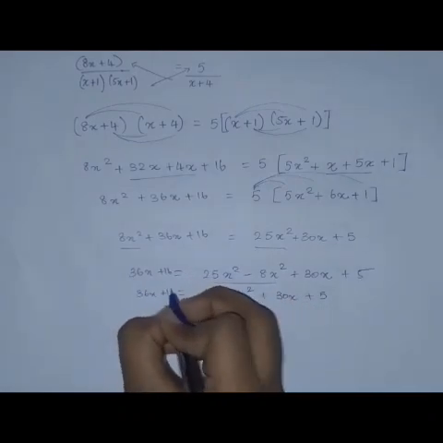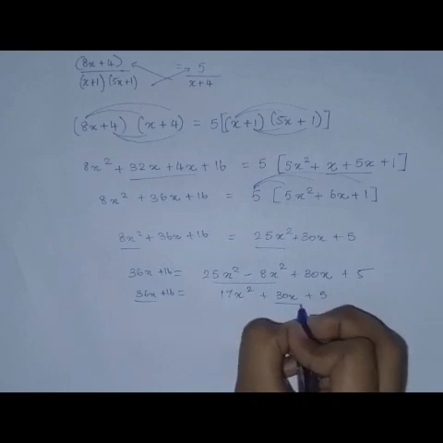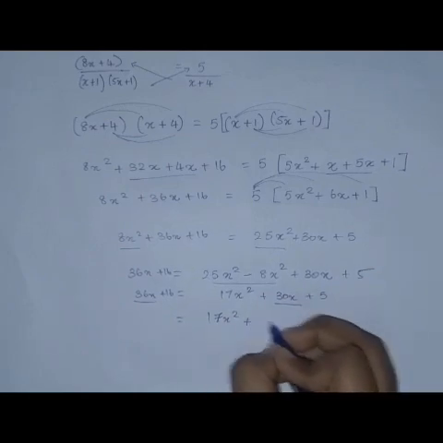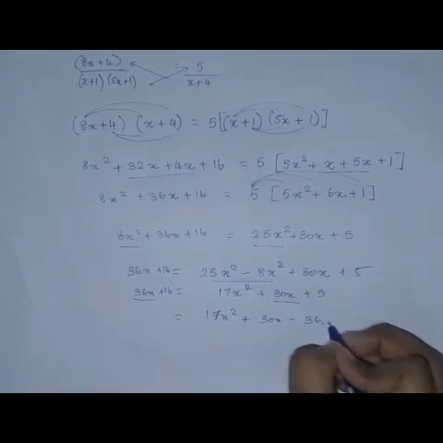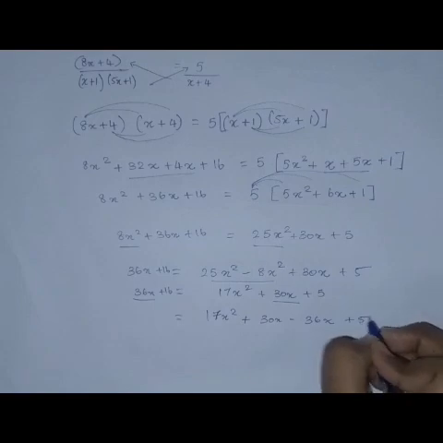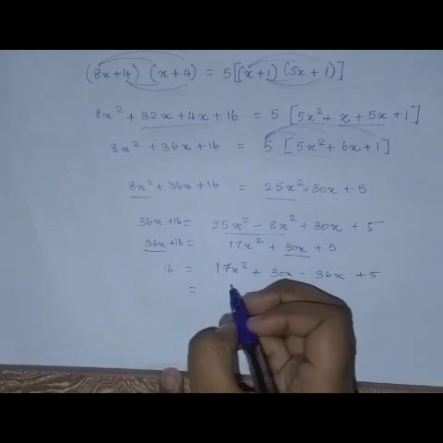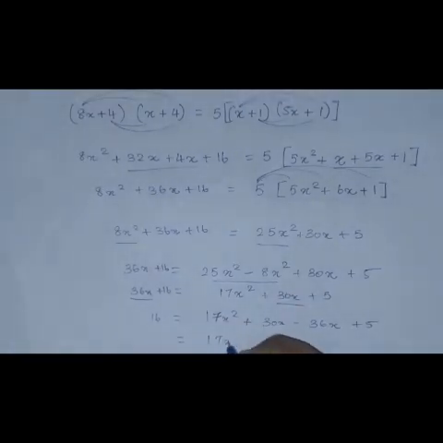So we are bringing 36x to our right hand side, so it would become 30x minus 36x. When we subtract, we would get minus 6x.